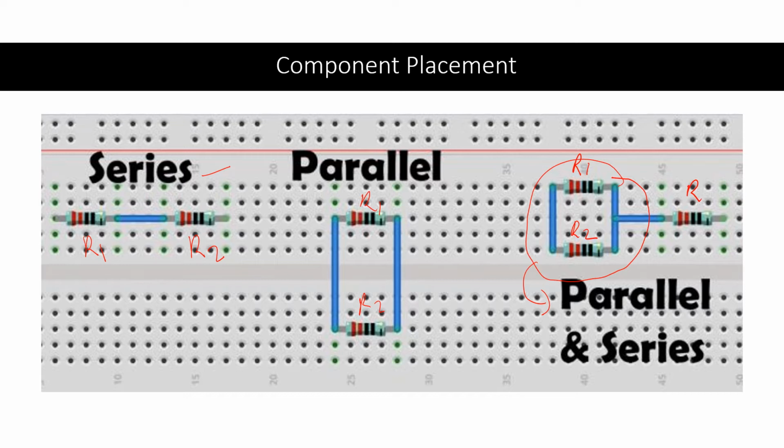So R1 and R2 are in parallel, and that combination is in series with R3. This is how you place the components for series, parallel and series on the breadboard.